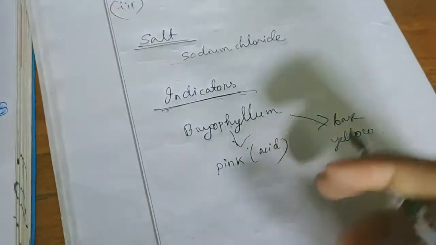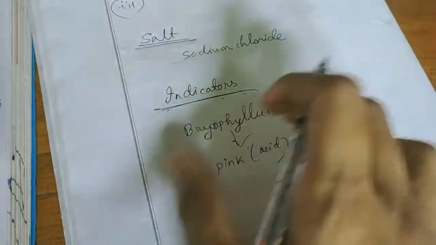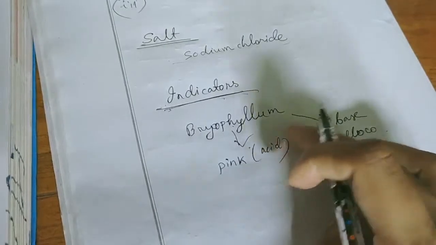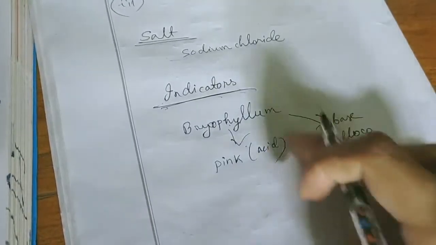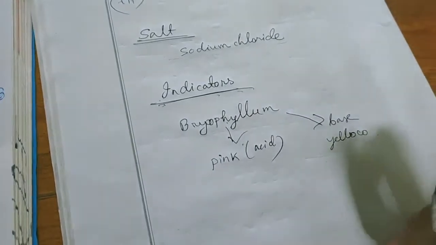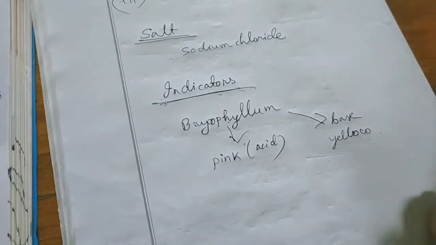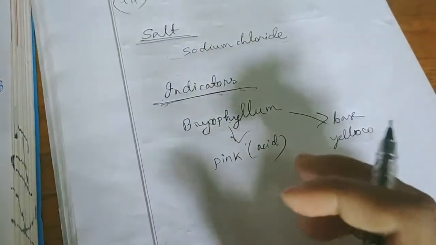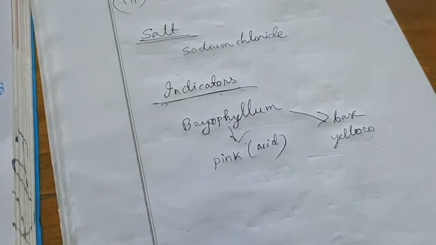So if you have a liquid, just add bryophyllum, and if the liquid turns pink, then you will know that the liquid was acidic, and if it turns yellow, you will know that the liquid was basic. Okay, there are other natural indicators like turmeric powder and red cabbage extract.